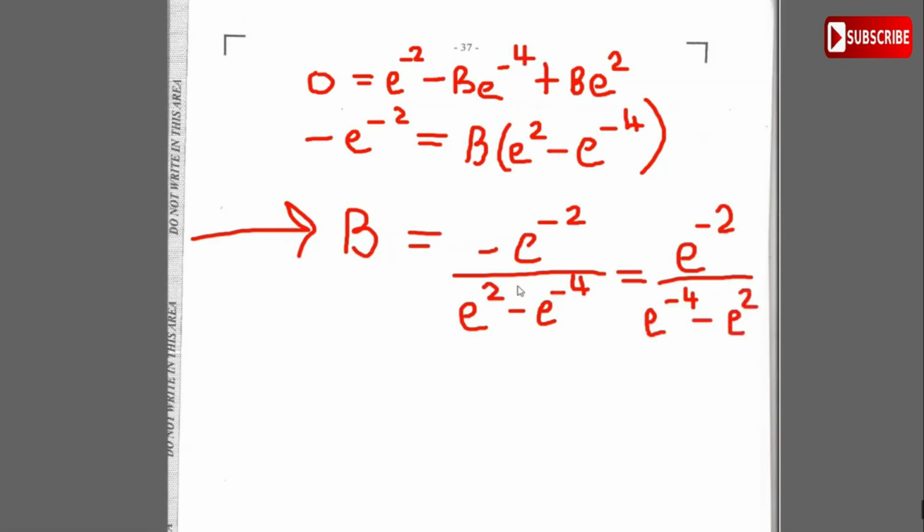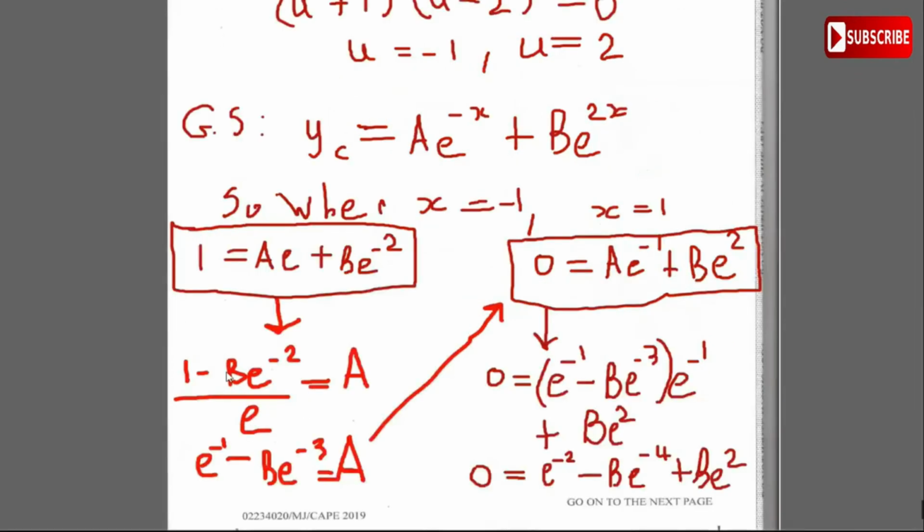Now since this is b now, I already had a formula for a. So a is going to be equal to, going back around here, we said a was 1 minus b, a was e to the minus 1 minus b e to the minus 3.